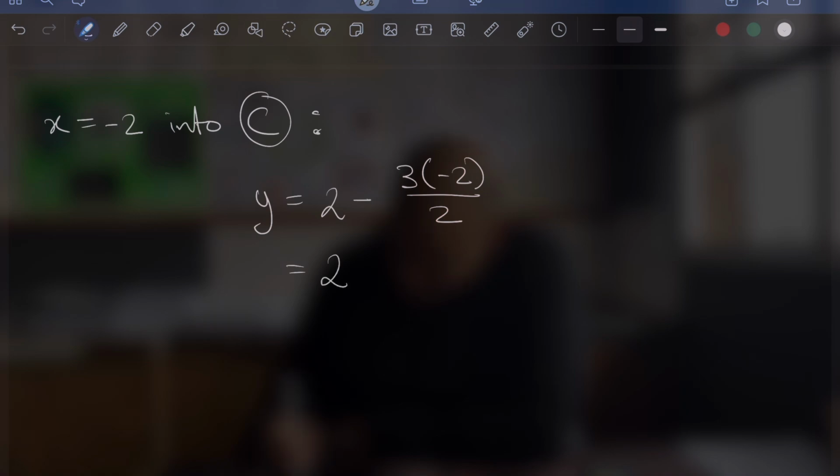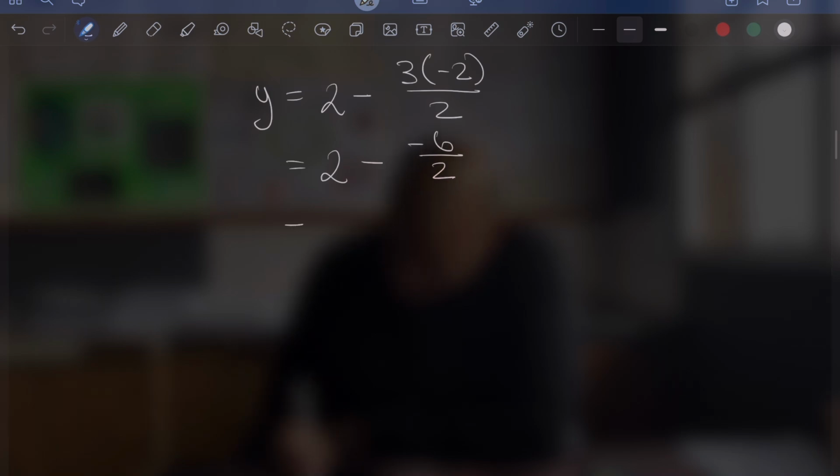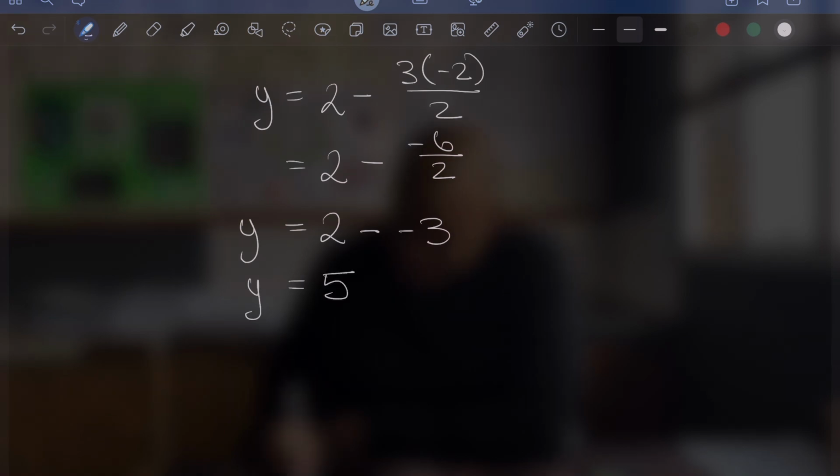So that is 2 minus negative 6 over 2, and negative 6 divided by 2 is negative 3. Careful of the signs here again. So y is equal to 2 minus negative 3, which is 2 plus 3, which is 5.